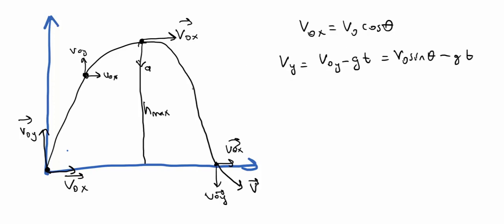And lastly, a particle's height at any given time is equal to the displacement in constant acceleration motion. This is y(t) equals y0 plus Voy times t minus 1 over 2 g t squared.